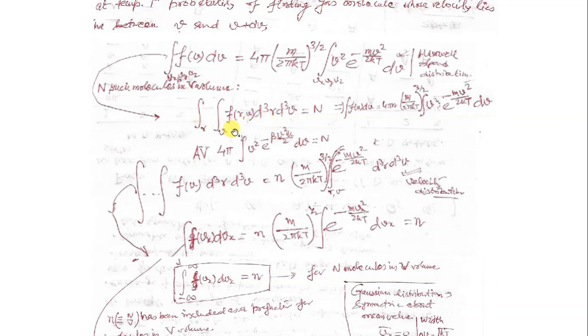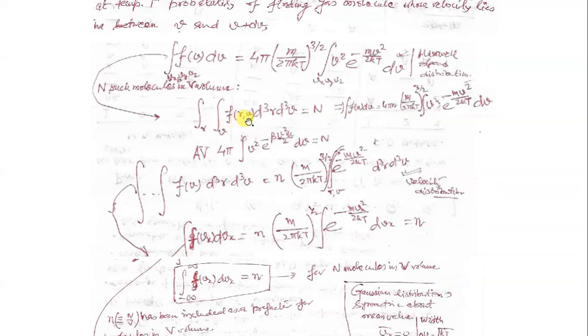So in this case what we do, we have a function, say f_r(v). It tells about the probability of finding a molecule that has a velocity in the range v to v plus dv, and it is located at some position, say r.